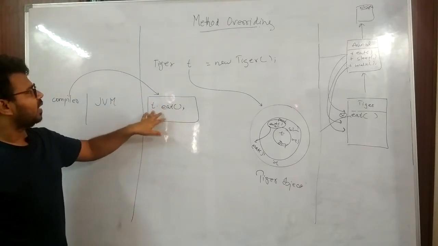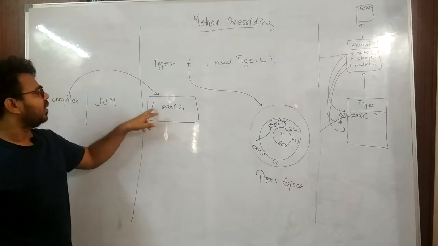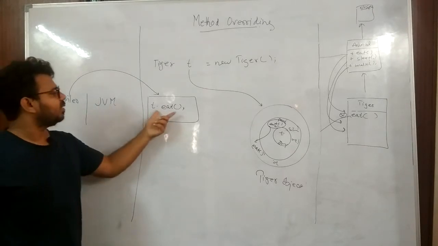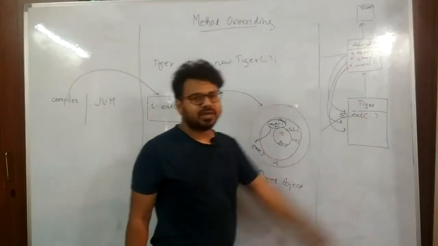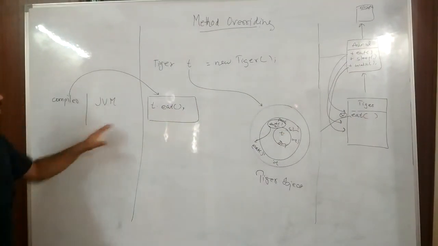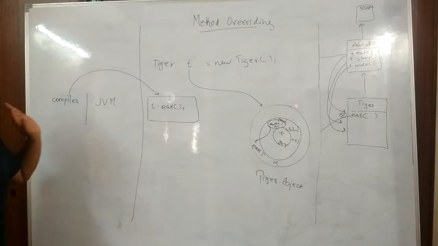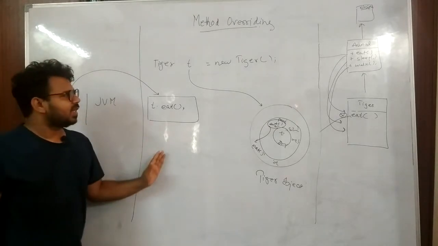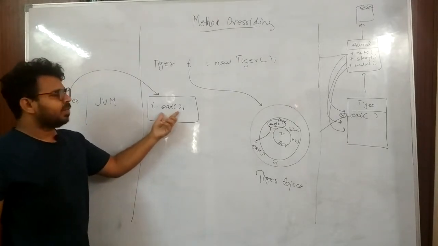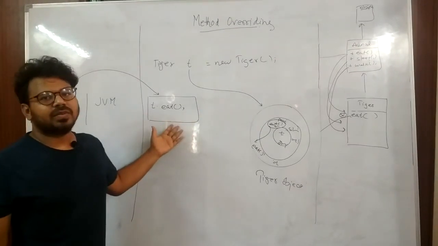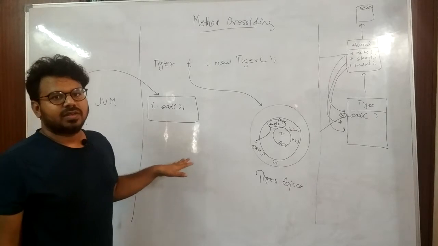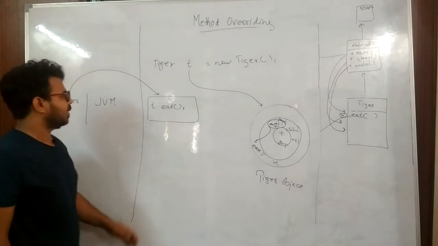So in the Tiger class the compiler will look if there is an eat method. Here you can see we have the eat method, so it will simply compile, and the role of the compiler is over. The compiler simply checks if the method being called is present in the class or not. If it is not present, it will give a compilation error. The code will not compile.